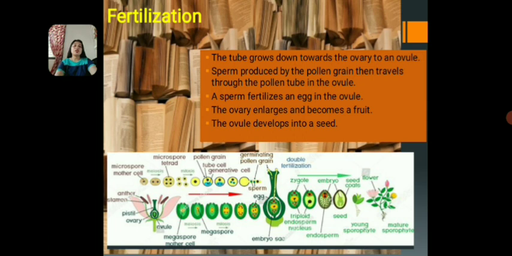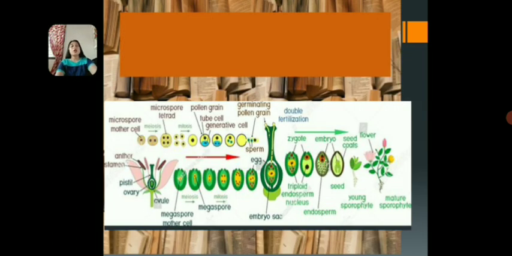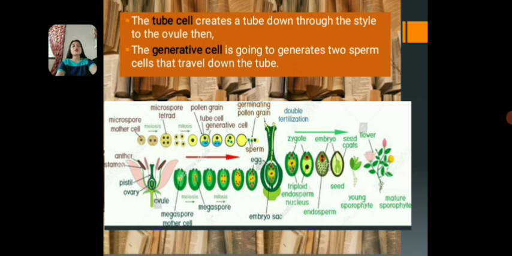A sperm fertilizes an egg in the ovule, so the ovary enlarges and becomes a fruit, and the ovule develops into a seed. So we have the tube cell. It creates a tube down through the style to the ovule. As you can see here in the image, the tube cell is here, and it creates the tube down toward the ovule.